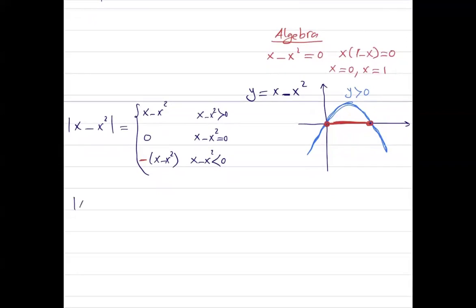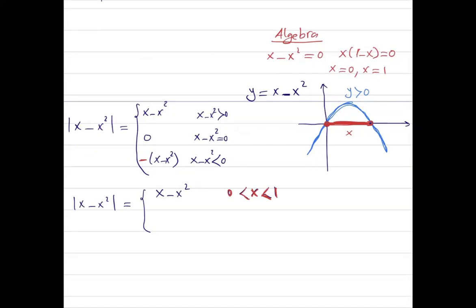So the absolute value of x minus x squared, if x is in between 0 and 1, which is just this interval here, this is my x. My y is positive. It means that I get x minus x squared back.